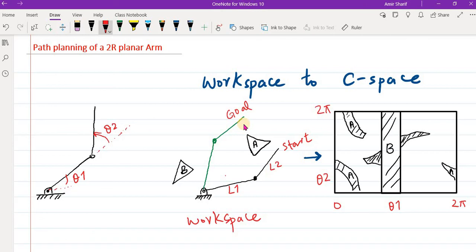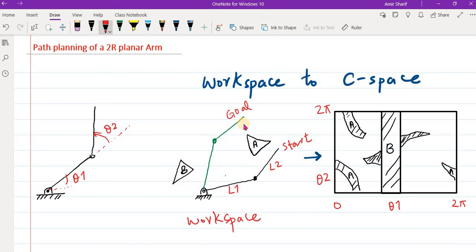So link 1 can actually move positively, it can increase gradually, and there will be some values of theta 2 where this link will be in collision with the obstacle, unless you change the angle of your link 2.